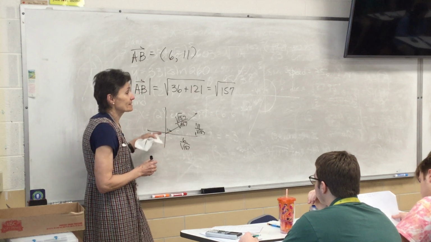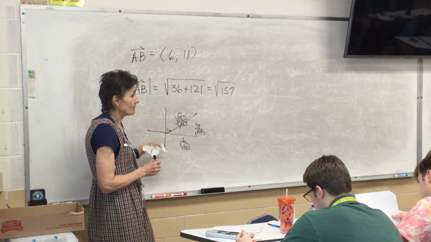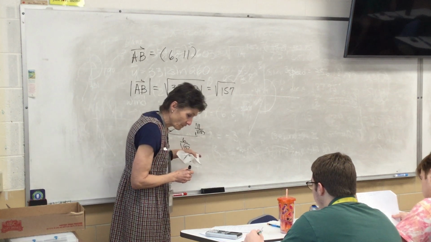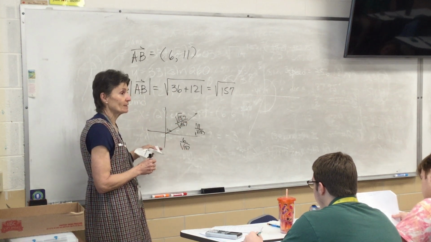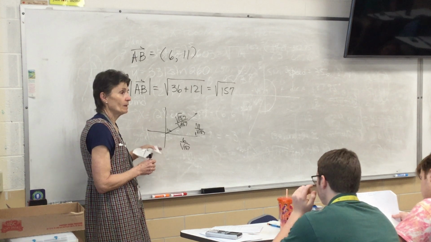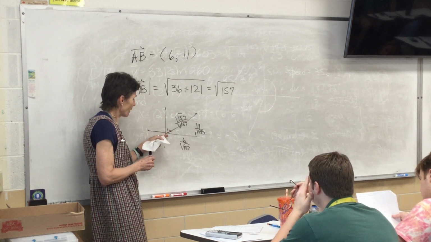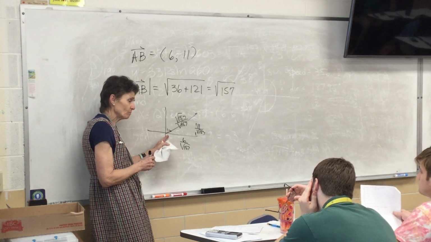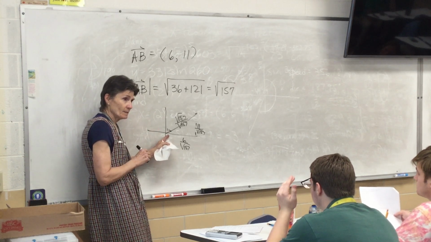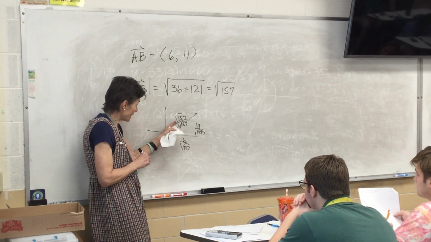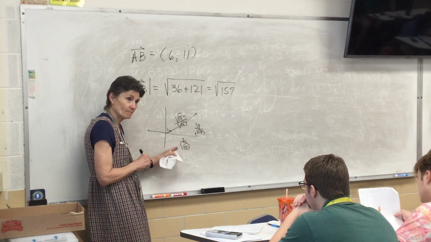But the problem didn't say find a unit vector. It said find a vector with a length of root 7. Well, that's easy. If I want this unit vector, which has a length of 1, to have a length of root 7, won't I just multiply everything by root 7?